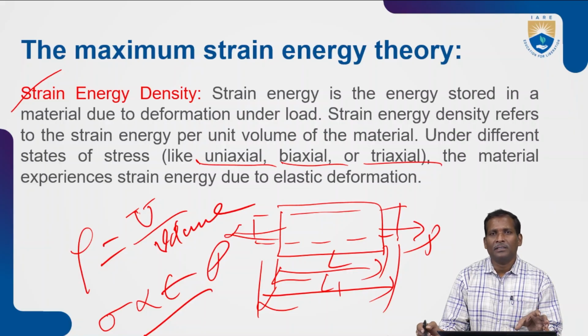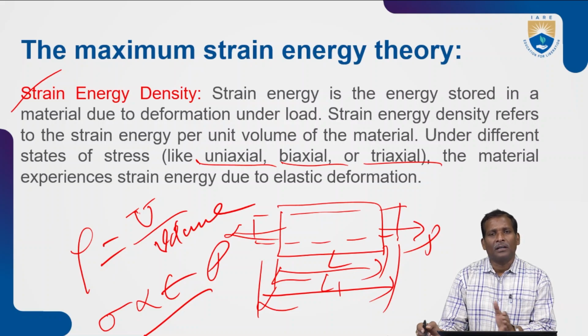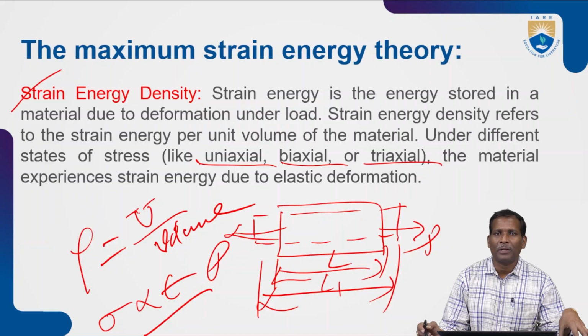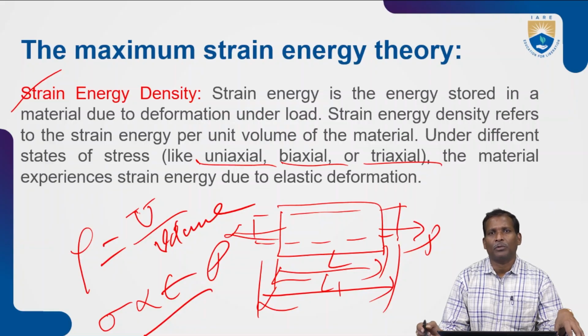Within the elastic limit, whenever you remove the load, it regains its original shape. Due to load, it undergoes some deformation, but that is not permanent. That is temporary deformation. Whenever you remove the load, it regains its original shape. That is called the elasticity property.